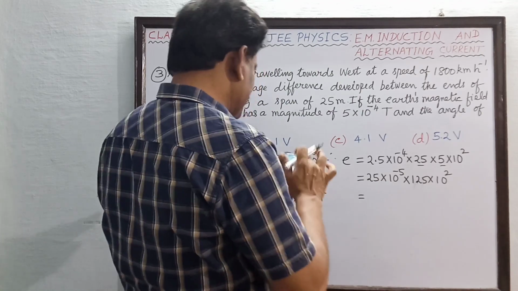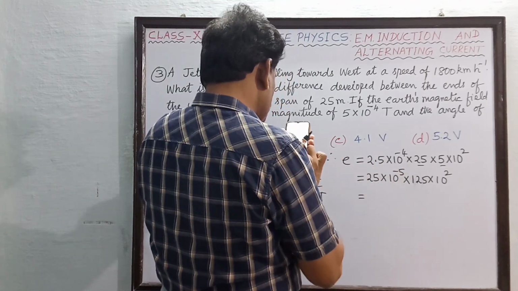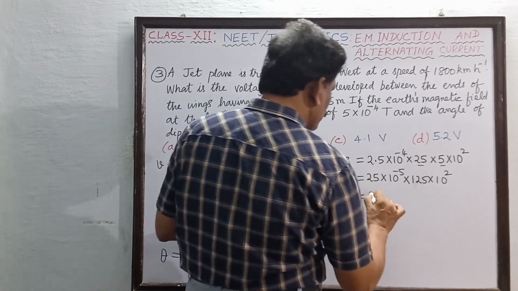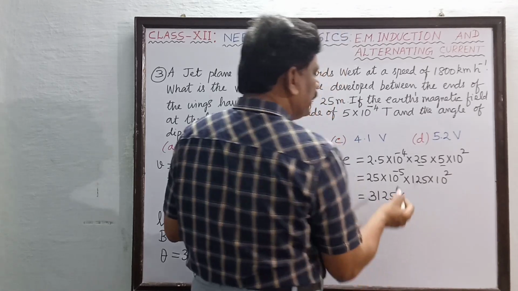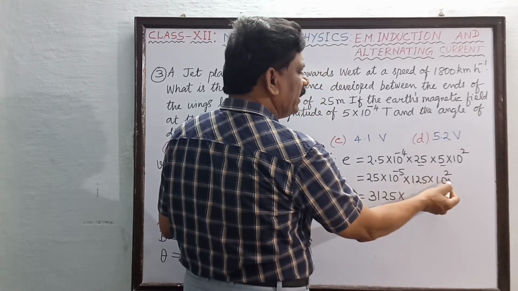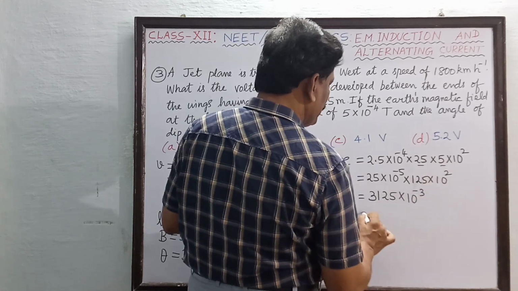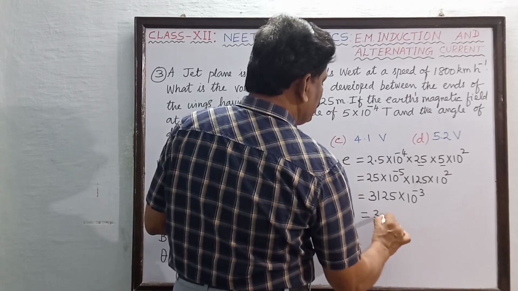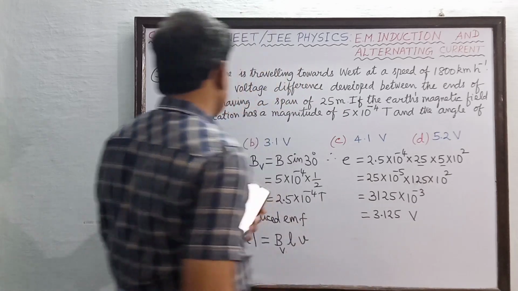Using a calculator, 125 into 25 is equal to 3125. The product is 3125. Here it is 10 power minus 5, here 10 power 2, so the product is 10 power minus 3. So this is 3.125 volt.